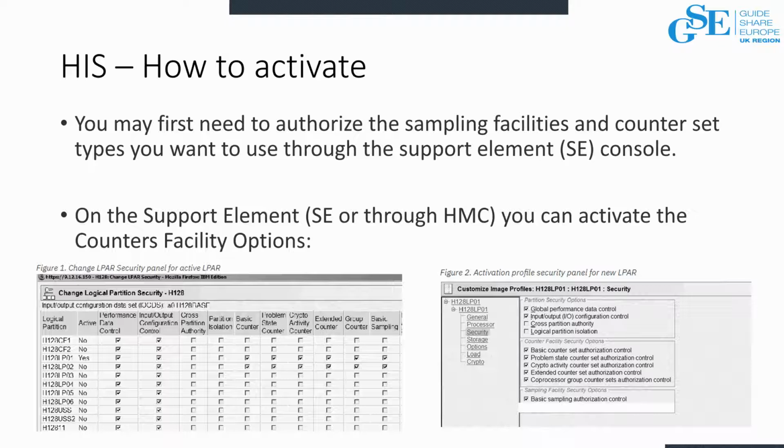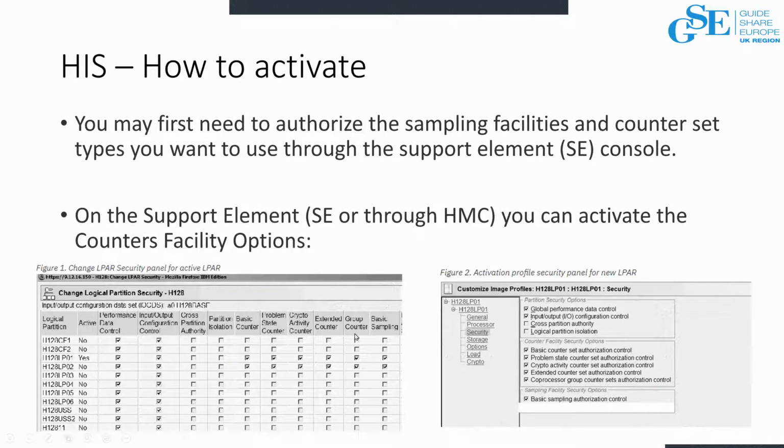To activate that, you have to access your Support Element or go through the HMC and basically activate the counter facility security options. And here you choose which ones you want to activate to have the information collected by HIS.